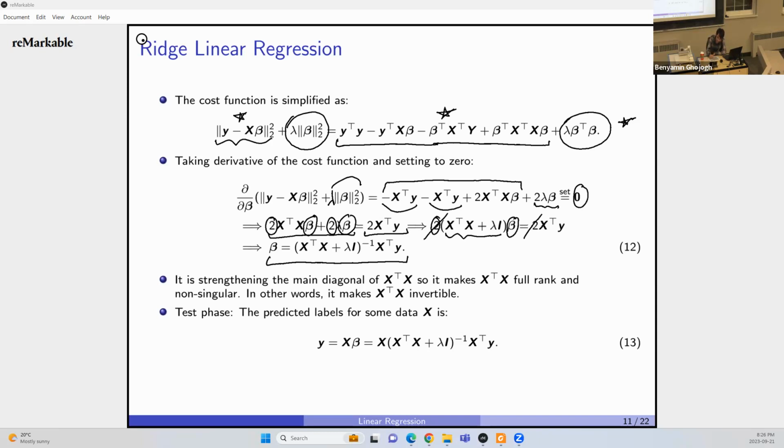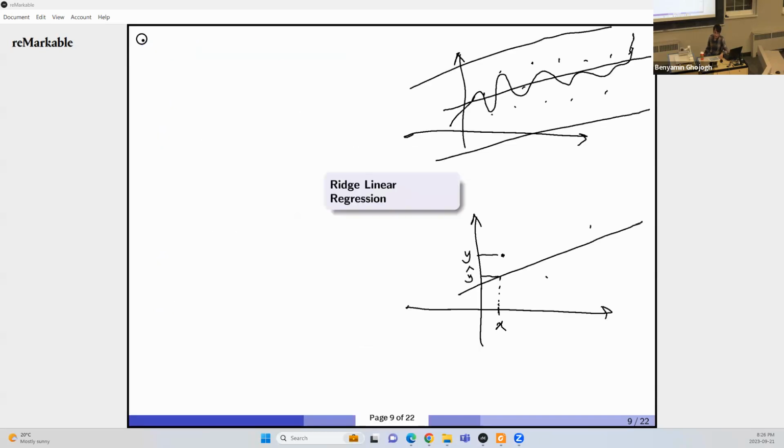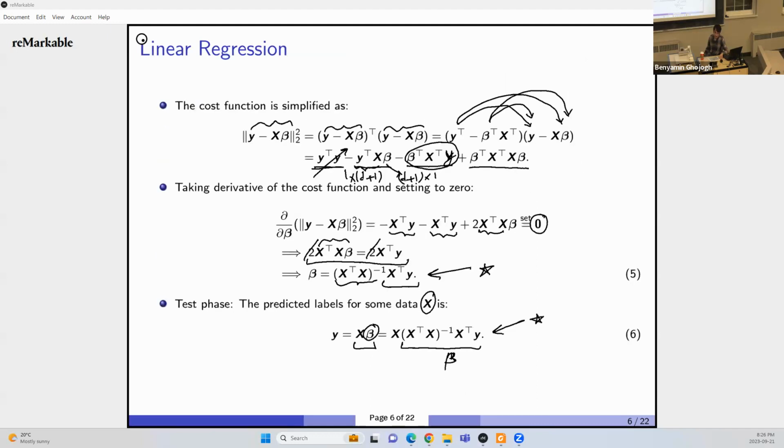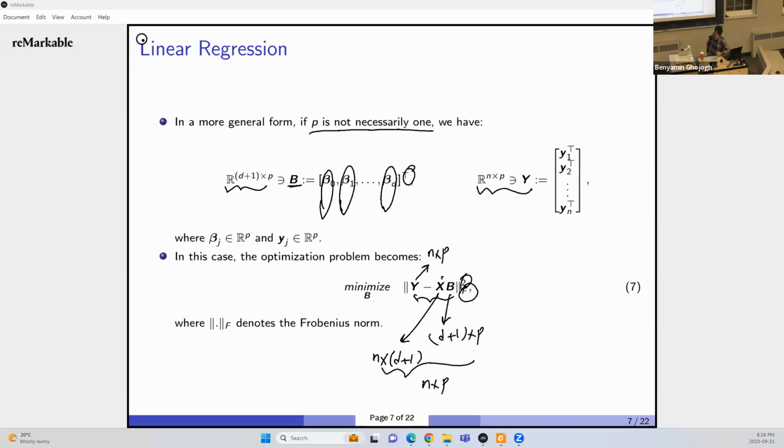This is also a very famous formula. This equation is the solution of the optimization problem in ridge regression. How is it different from simple linear regression? Let's go back. What is the solution of simple linear regression? X transpose X inverse X transpose Y. Let's go back to where we were.